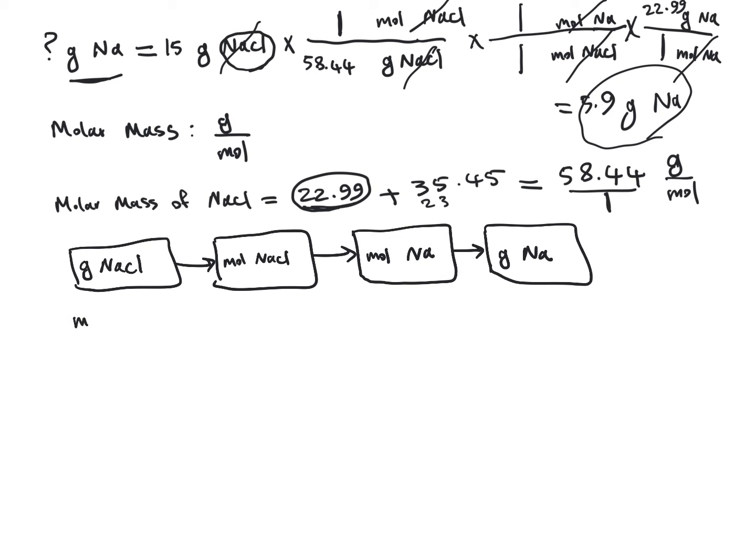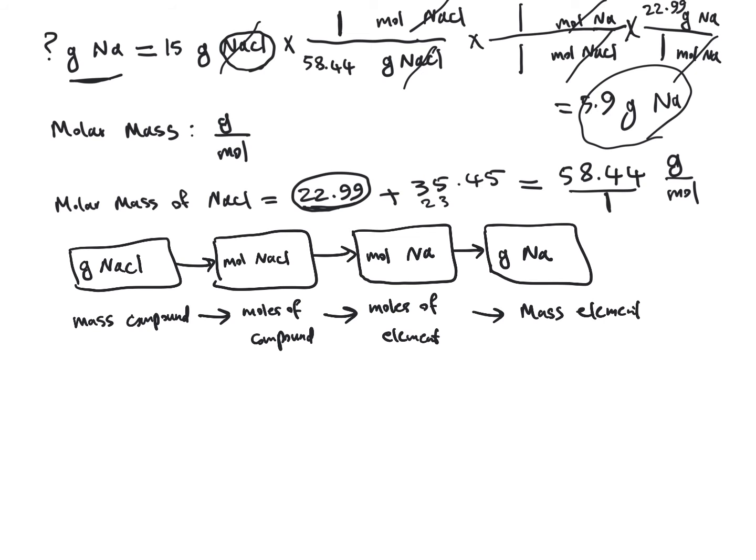So basically, if we write it, mass of compound would be moles of compound, and then moles of element, and then mass of element. These two are kind of the same. Any question about any of this?